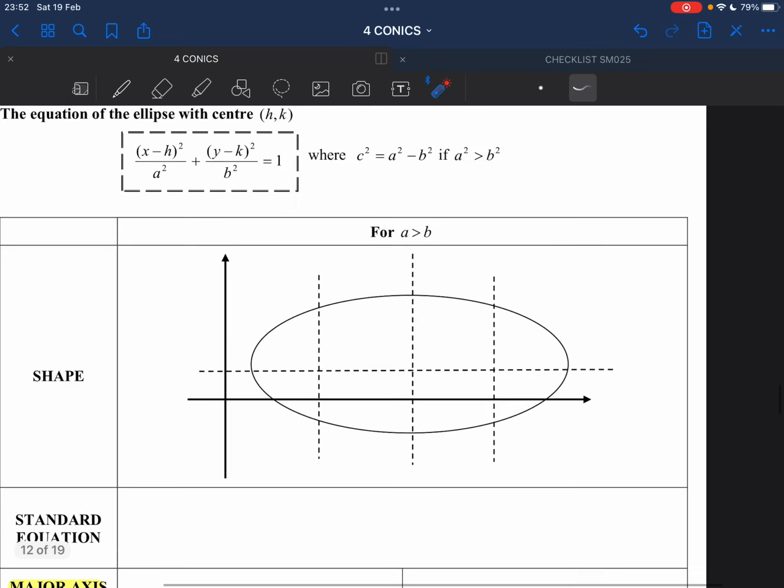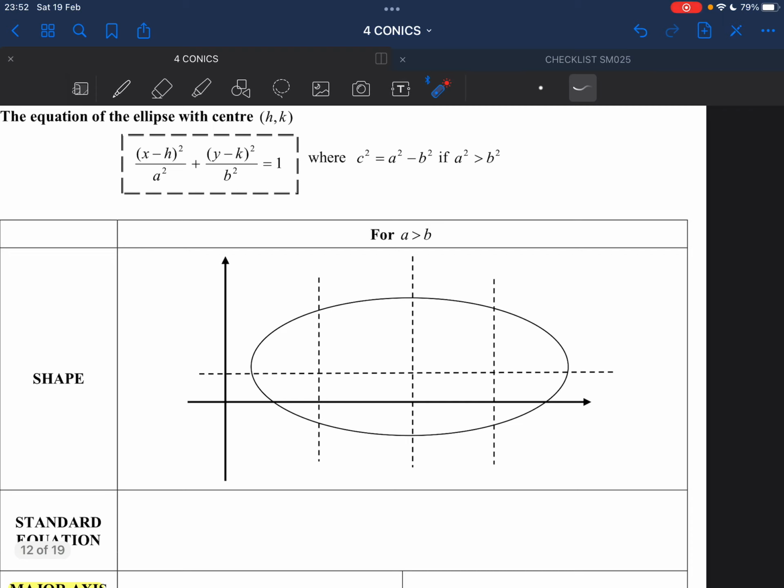So let's see the shape of the ellipse here. As I mentioned earlier, we differentiate the two ellipses, horizontal and vertical, by looking at the value of a and b. If we have the value of a squared greater than b squared, or a greater than b, the shape is going to be horizontal like this. That is the first thing that you have to determine if you are doing the question.